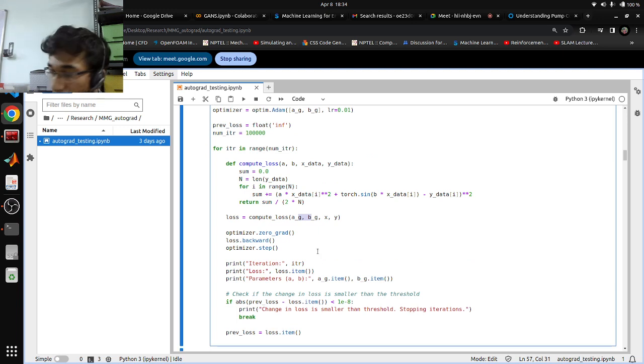Is there any doubt at this point? A tensor is essentially an extended version of your arrays. You can imagine it that way, a multi-dimensional extension of your arrays and so on.